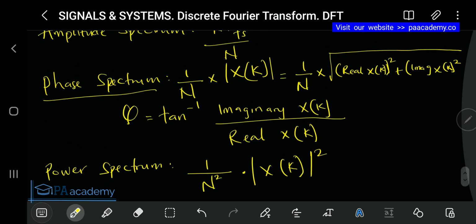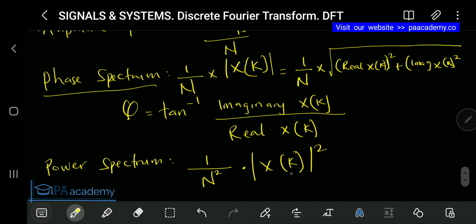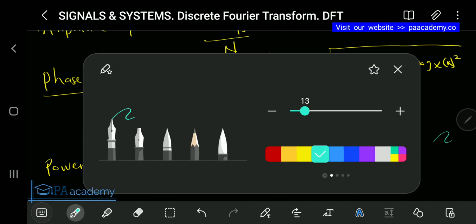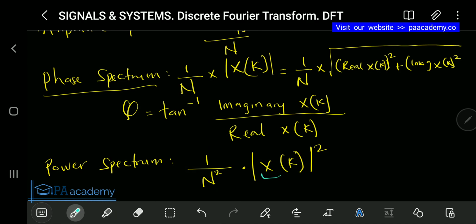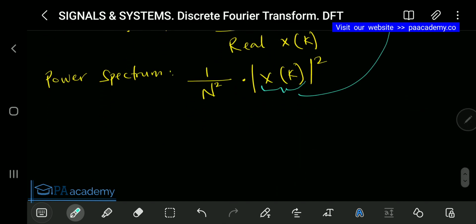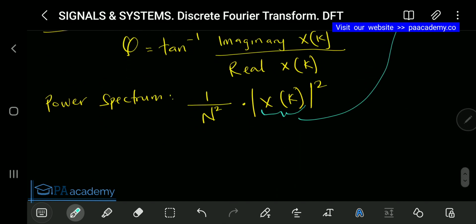And don't forget this x of k. Let me just change the color. To get the value of this x of k, we'll just apply this exactly. Or let me just rewrite it.